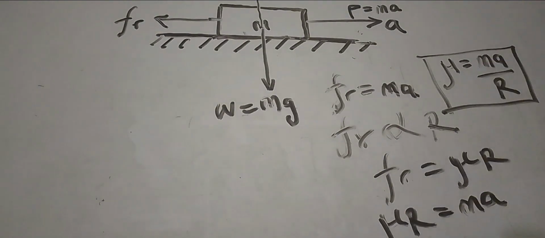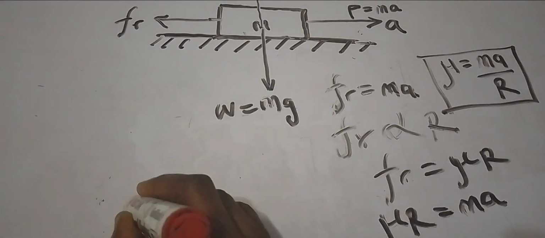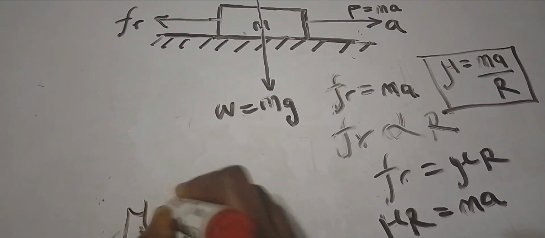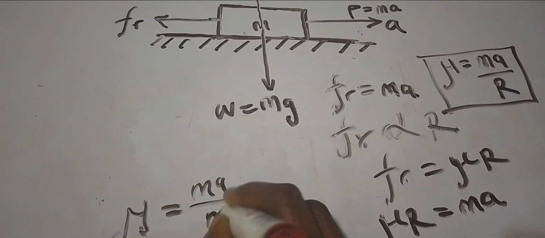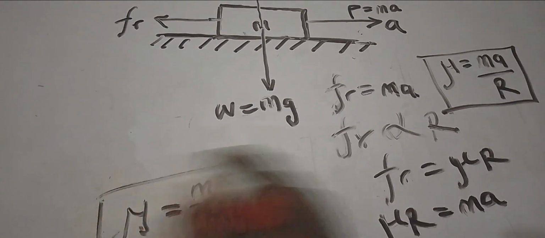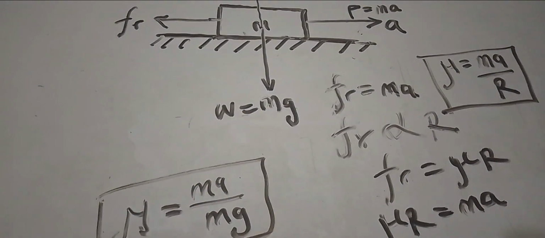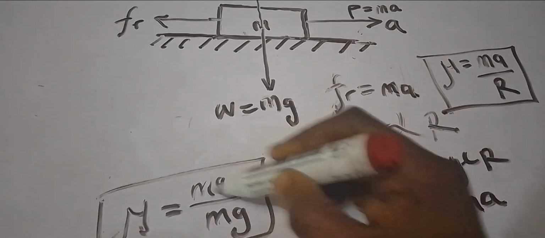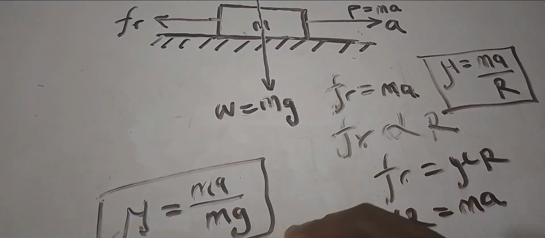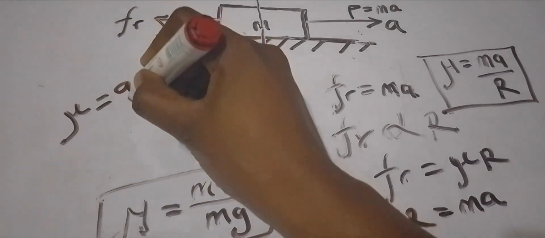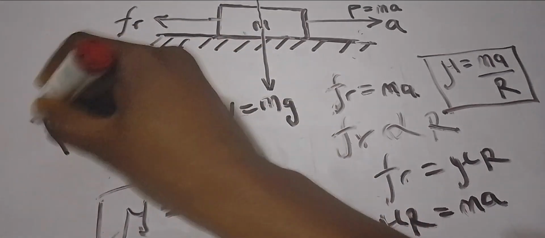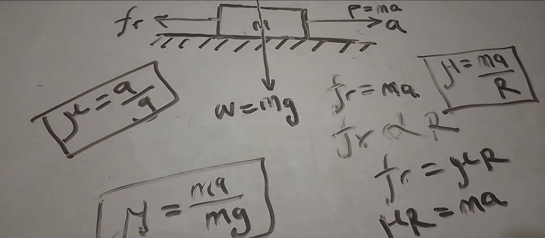So because R is mg, we can rewrite and say that the coefficient of static friction mu equals ma over mg. And don't forget that we can divide by m, so the coefficient of static friction can be a over g. So we can have that formula.